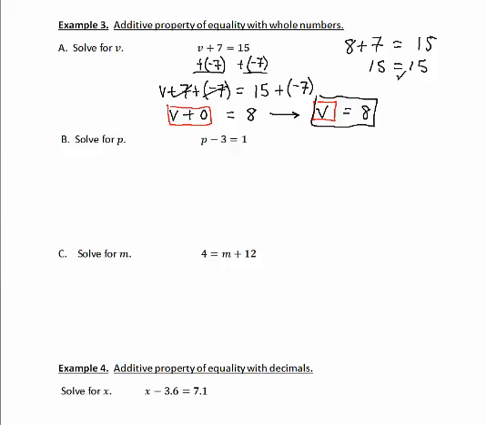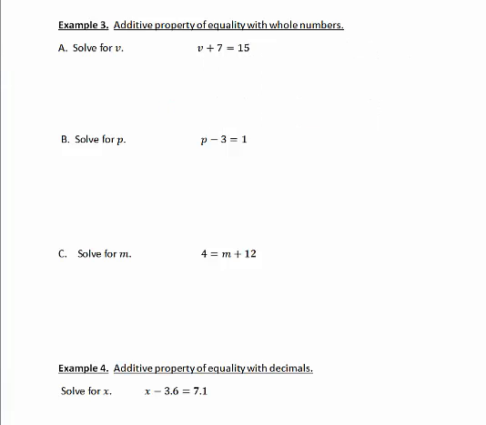Now, this is sort of the version of how to solve this equation in terms of adding the opposite of the number. And some would argue that we're sort of splitting hairs here.